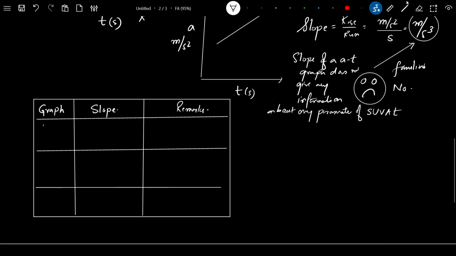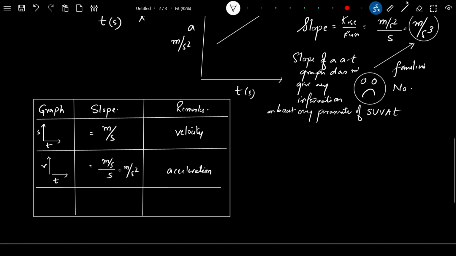The first one would be S versus T. So the slope will give you usually meter upon second. That means it talks about velocity. The second one would be V versus T. So the slope would be meter per second over second, which is meter over second square. So it talks about acceleration.